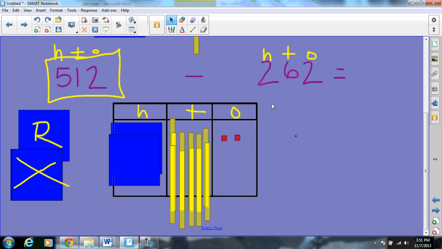Now I can take away the 6 tens that it's requiring me to. So I regrouped 100 into 10 tens. I still have the same amount when I do that. So I'm going to take away the 6.